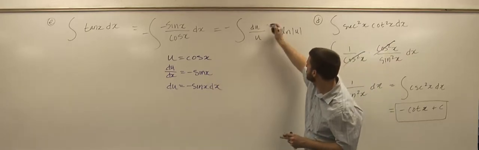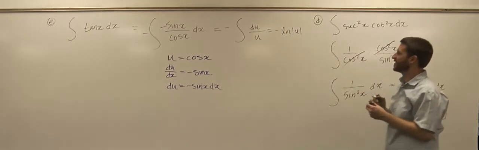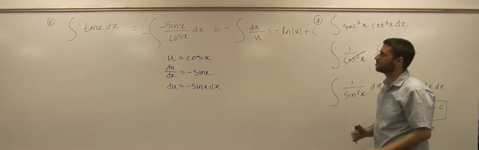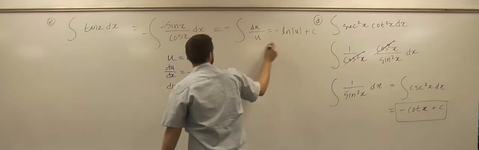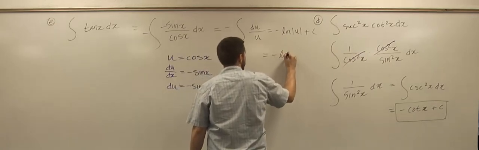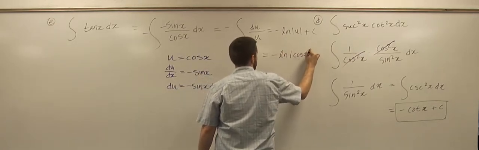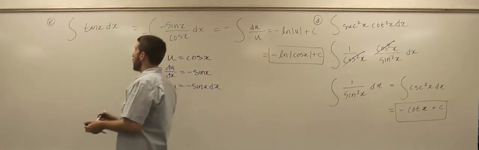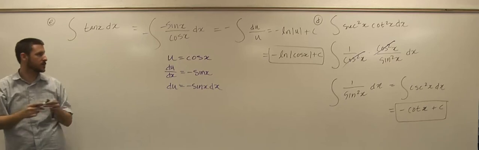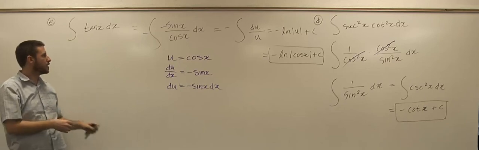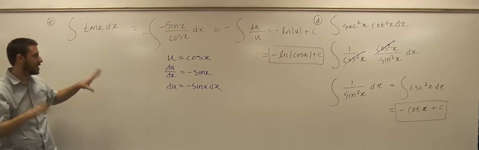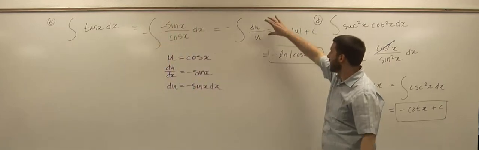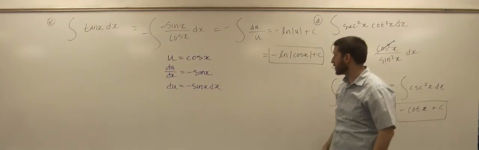Forgot my minus. Plus constant. So altogether I get exactly what I expected: negative ln cos x. So it might take you a little longer, but you can do the integral of tangent without remembering anything really, except, well, okay, a little bit. You have to remember tangent is sine over cosine, which I hope you remember anyway. And you have to remember that the integral of 1 over u is ln u.